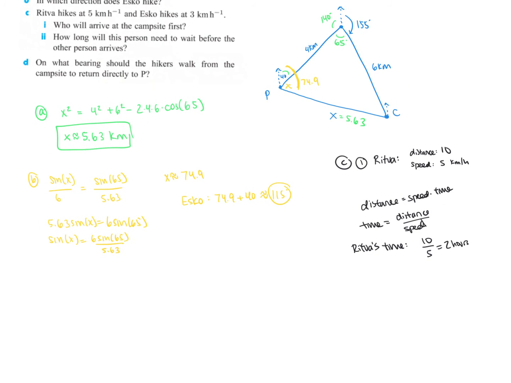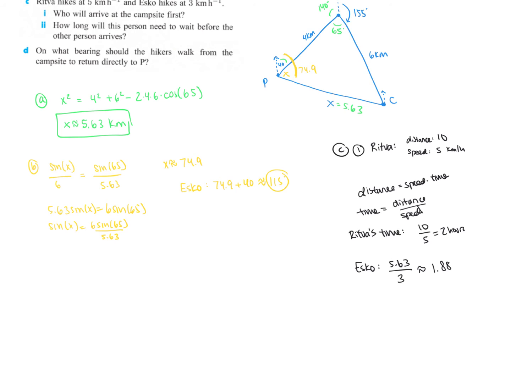Okay? And then for Esco, he walked 5.63 kilometers at 3 kilometers per hour. So that is going to take him roughly 1.88 hours. So Esco got there faster. And then at number 2, it says, how long will this person need to wait before the other person arrives? So let's do 2 hours minus 1.88.